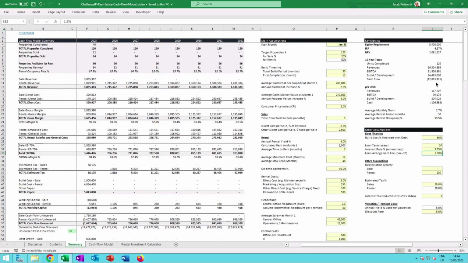And then you'll see at the top here, I added some key metrics, such as an equity requirement that you will need to fund the model, IRR, so the rate of return, NPV, and then also some totals for revenues, EBITDA, and cash flows, and also the same metrics on a per unit basis.